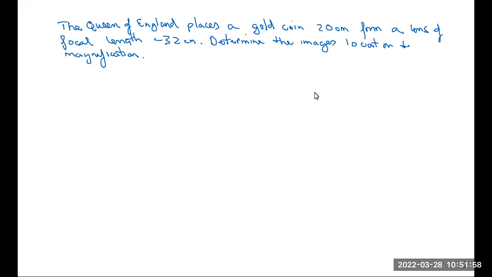So starting with the sketch, here's an optical axis. And on this axis, I'm going to place the Queen's diverging lens here. And I'm going to mark the focal length. So this is the focal length or focal point.